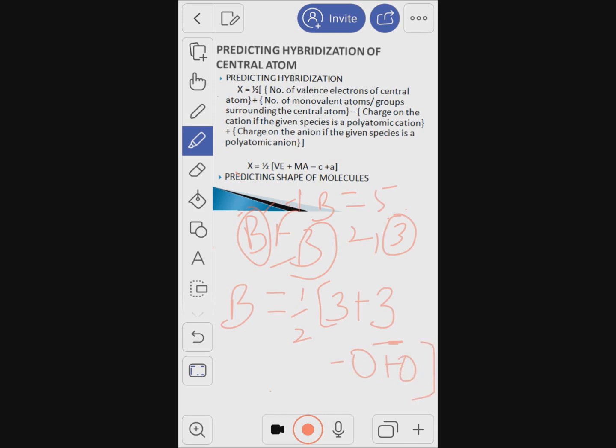By calculating it, we get 3. It means it has 3 hybrid orbitals, that is, its hybridization is sp2. It means boron has sp2 hybridization in case of the BF3 molecule, and it has trigonal planar shape with bond angle of 120 degrees.